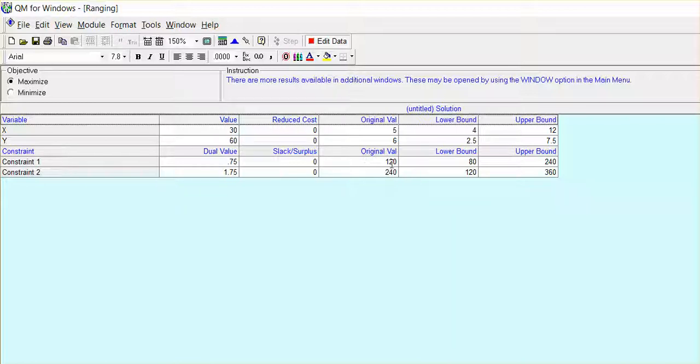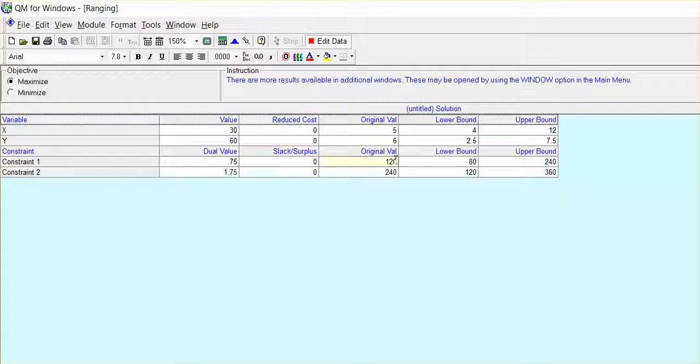Now, let me say a little bit about that. Let's look at the second column here, where it talks about slack surplus. You can see we're talking about constraint 1, and you can see a 0 there. That simply means that given the optimal output solution, we have utilized 120 of what, say, hours.